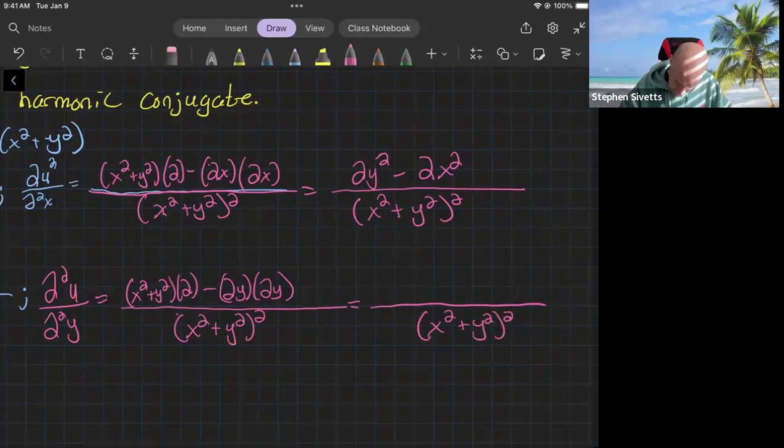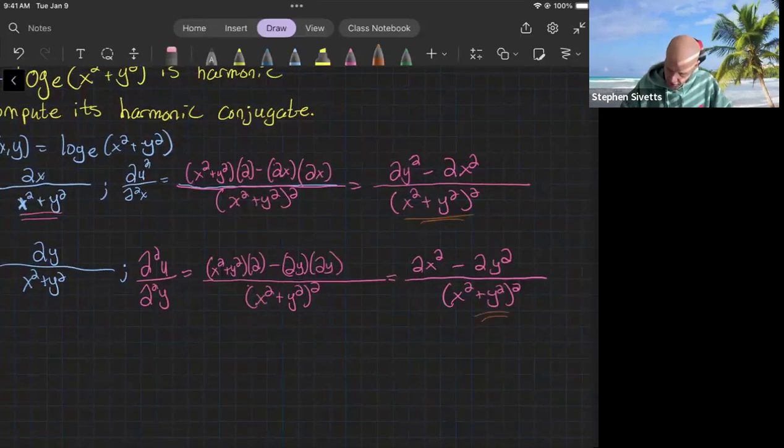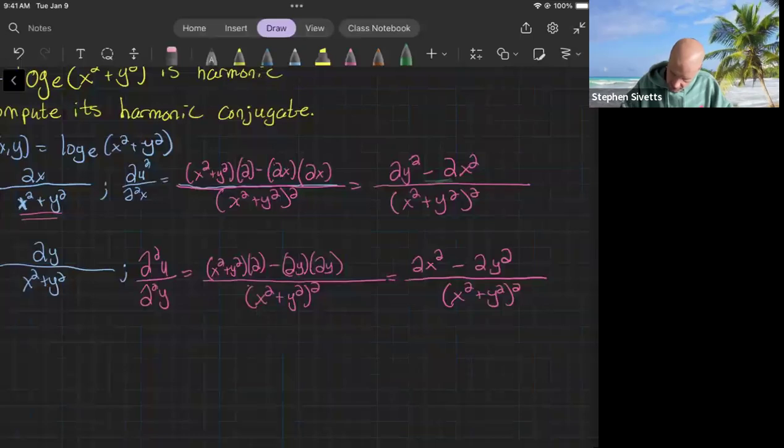And the other one is 2x squared minus 2y squared. Okay? Since they have the same common denominator here, all we have to do is look at the quantities in the numerator.